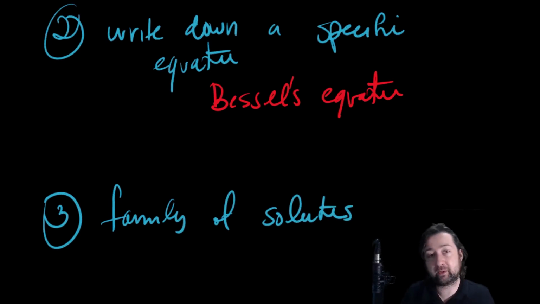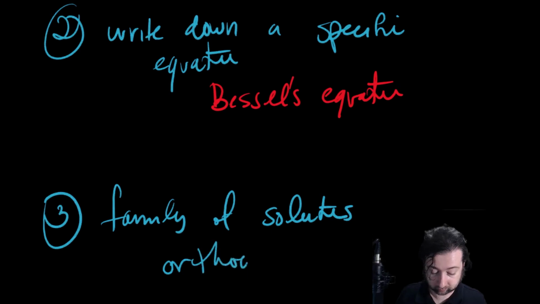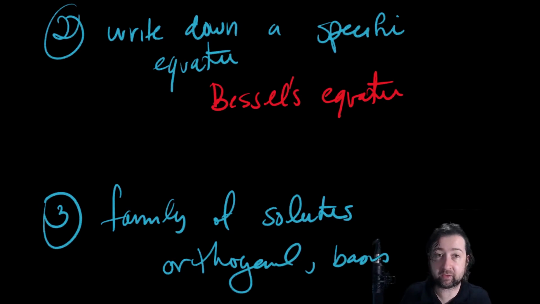Because if I can find a family of solutions to that differential equation, I can express, hopefully, any function in terms of the physical setting that that differential equation sets up. Okay, so we're going to get a family of solutions, and what we hope is that these things are orthogonal and a basis for some space of functions with regard to some inner product.